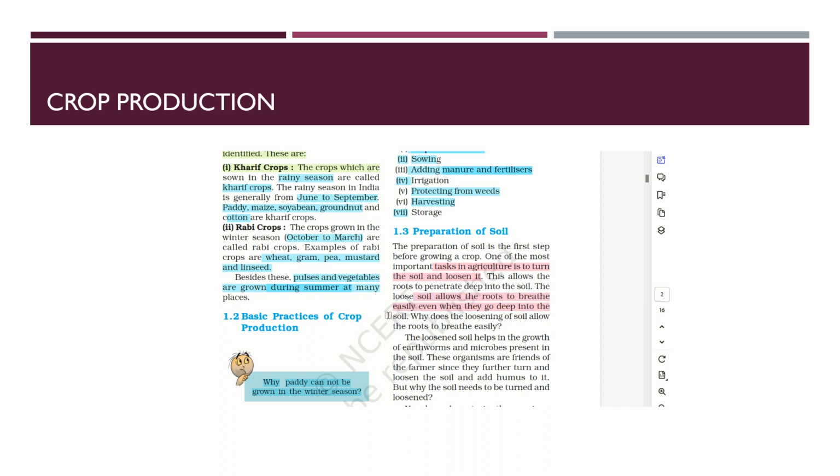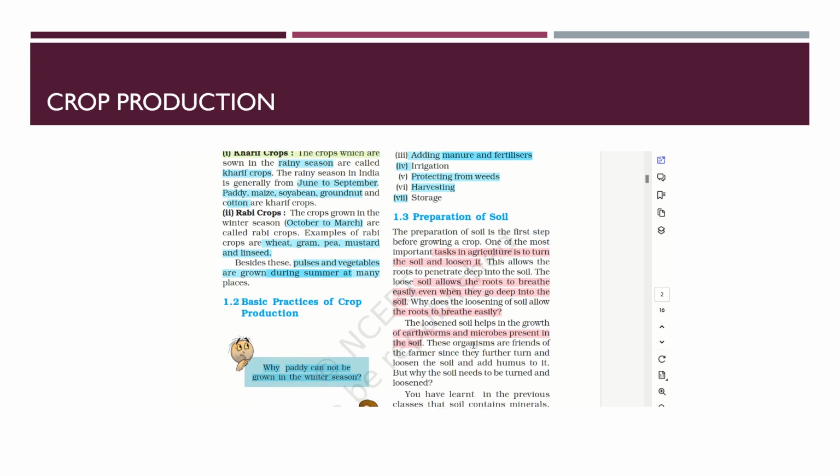Why does loosening the soil help roots breathe easily? Because the earthworms and the microbes, which are the friends of the farmers, grow in the soil and add more humus to it, helping the soil become more fertile.